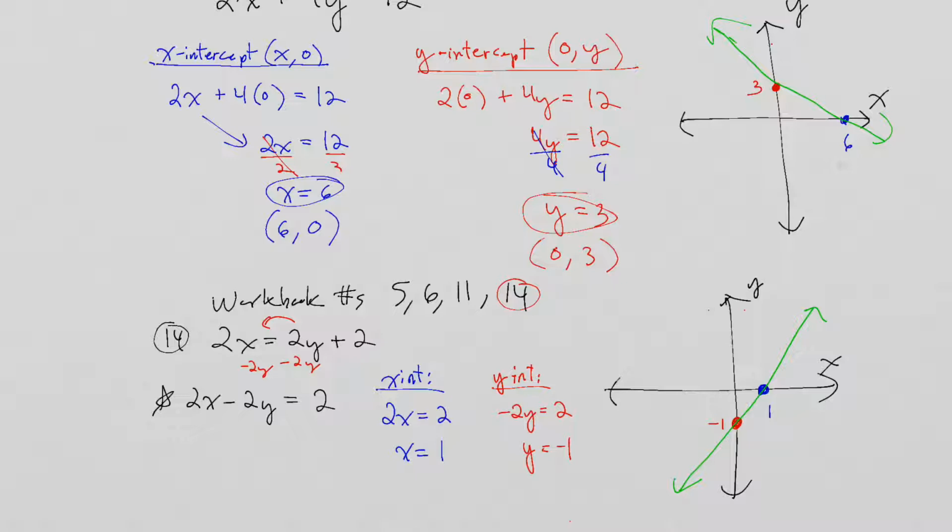Okay, we're back, and here is the graph. And basically, for the x-intercept, I knew that the y term would be gone because it's multiplied by 0. So I just wrote down 2x, that's the x term, equals the number on the right. So 2 times 1 is 2. And over here, did the vice versa.